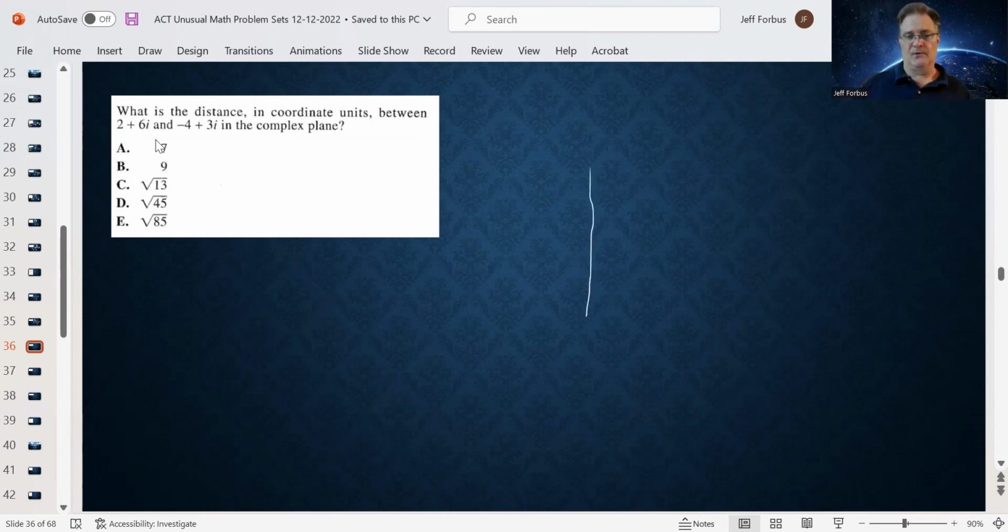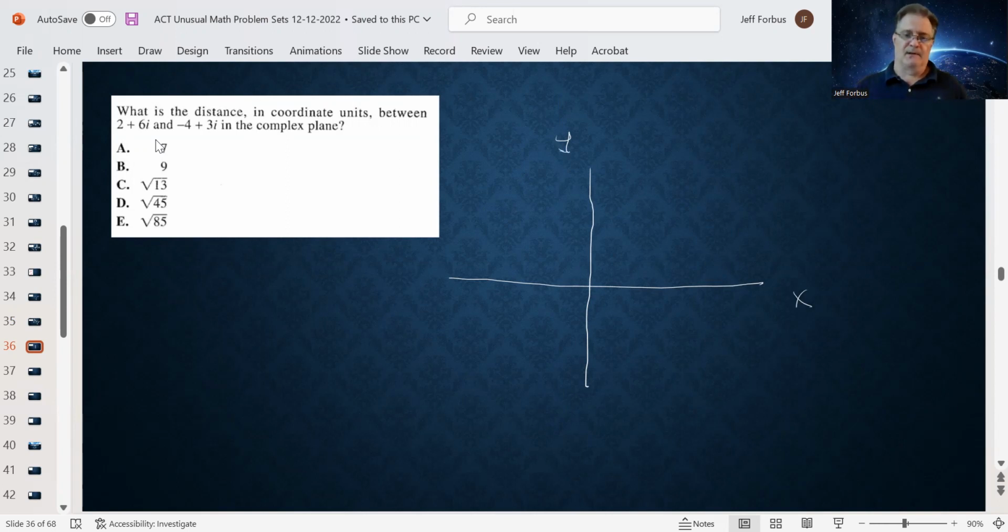So I'm going to show you. Normally, this is our y-axis. And this is our x-axis, normally. But now we're putting imaginary or complex numbers on our graph.